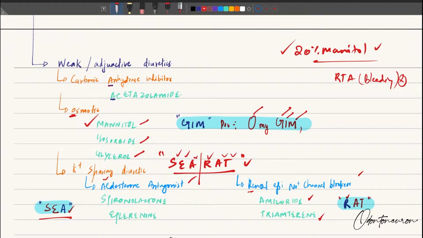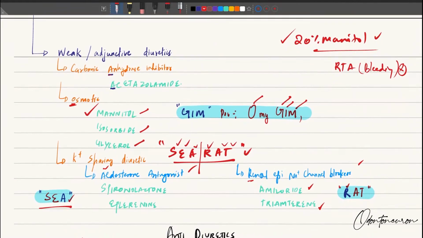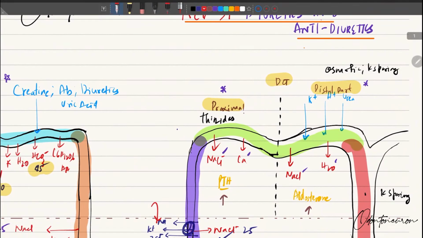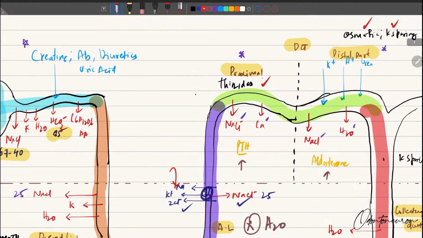And we saw where loop diuretics act, right? Next is potassium sparing diuretics, which act at the end. I've written osmotic and potassium sparing in the distal part of the distal convoluted tubule. Your thiazides act in the proximal part of the distal convoluted tubule.